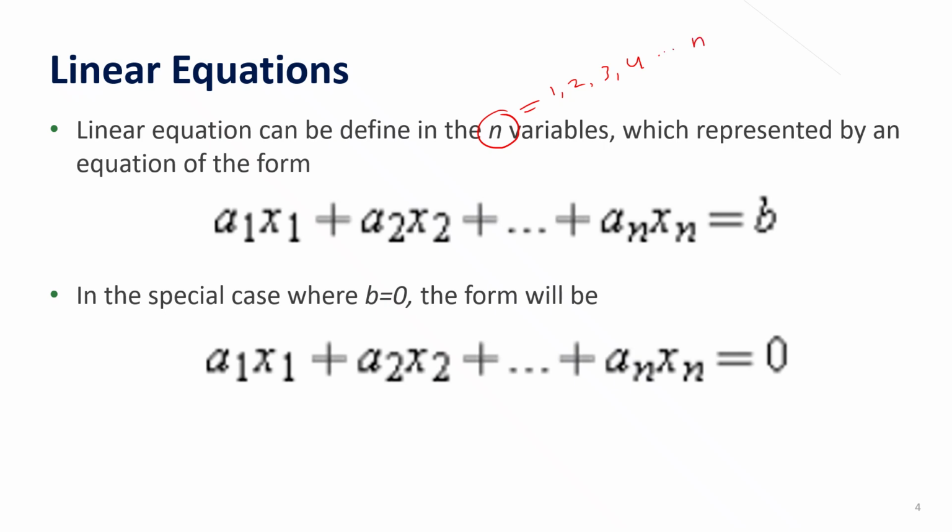Such a linear equation can be represented in the following form: a1x1, where a1 is the coefficient for variable one, the first variable, up until an multiplied by xn equals b. In the case where b is equal to 0, you will have a formulation that looks like this.